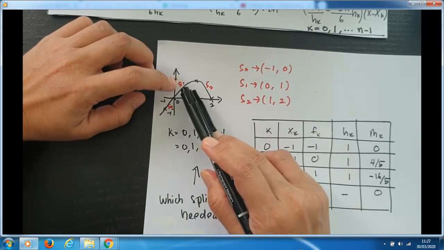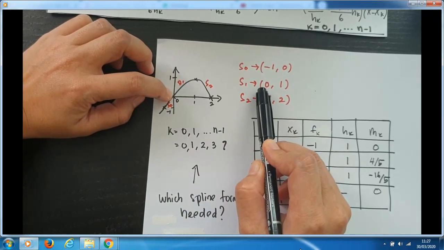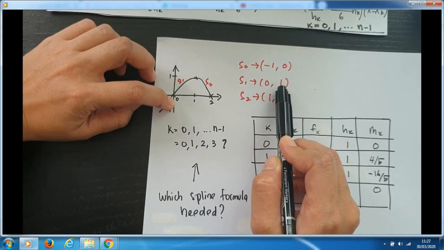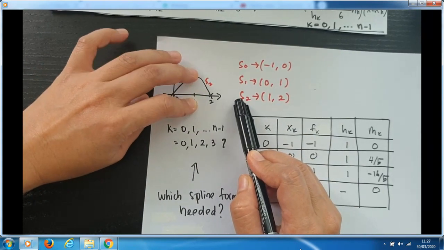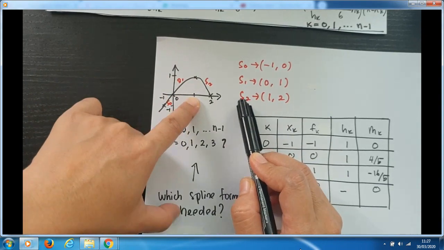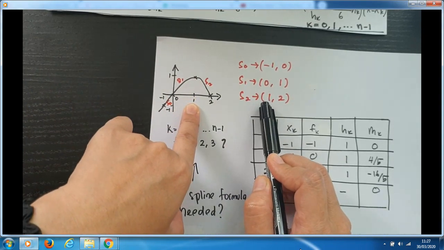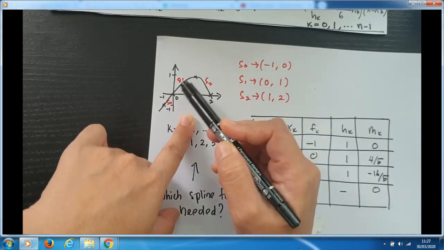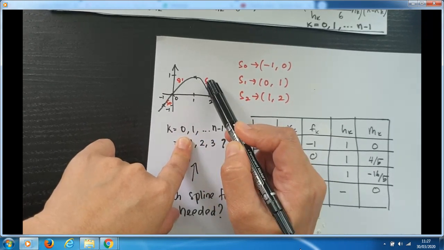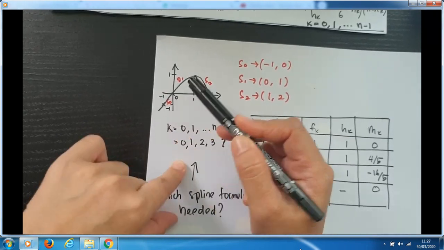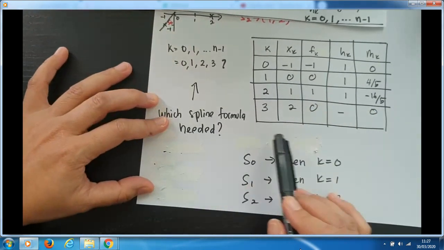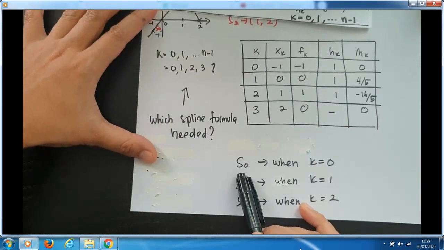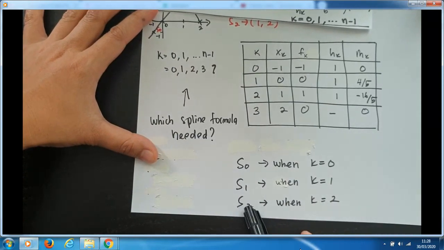The spline 1, S1, is between interval x0 until x1. Then the third spline, S2, is between interval 1 and 2. So saya ada 3 spline, meaning that saya akan ada 3 spline equations to be developed: S0, S1 and S2.